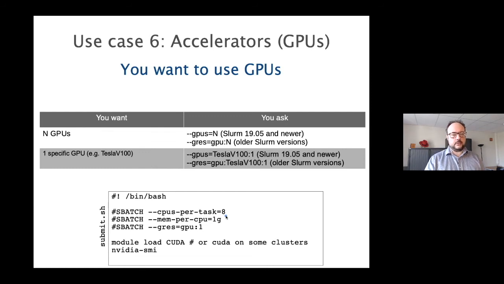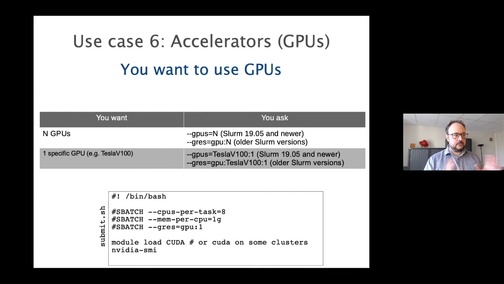Do not ask for only one CPU, because most of the time the runtimes of the GPU and the environment around that manages the distribution of the task on the GPU and on the CPU will use as many cores as are available. So sometimes you can think that a job is very slow simply because you only requested one CPU. Just make sure to request the correct amount of CPU. And 8, if you don't know, should be something reasonable.